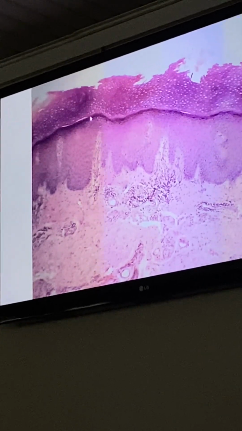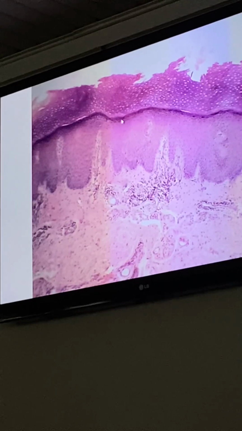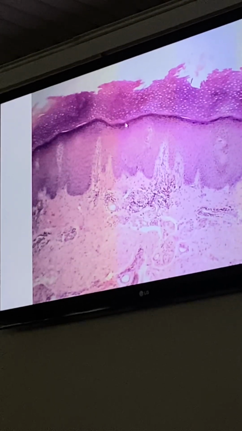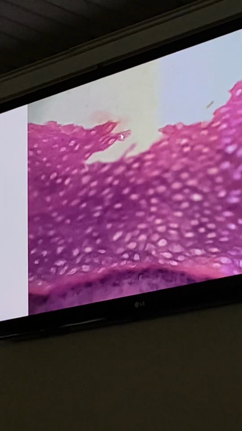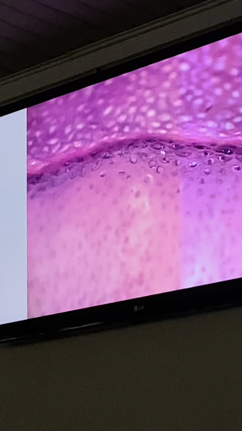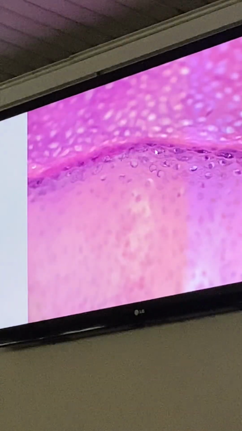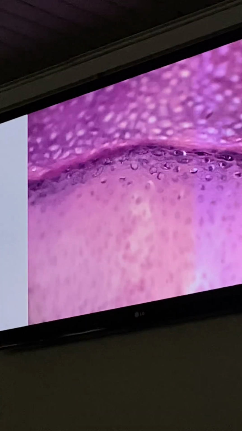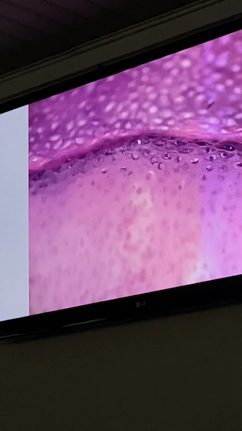This layer is stratum granulosum. At the higher magnification, you can see the cells of stratum granulosum. You can see this is from 3 to 5 layers of stratum granulosum, flattened cells.